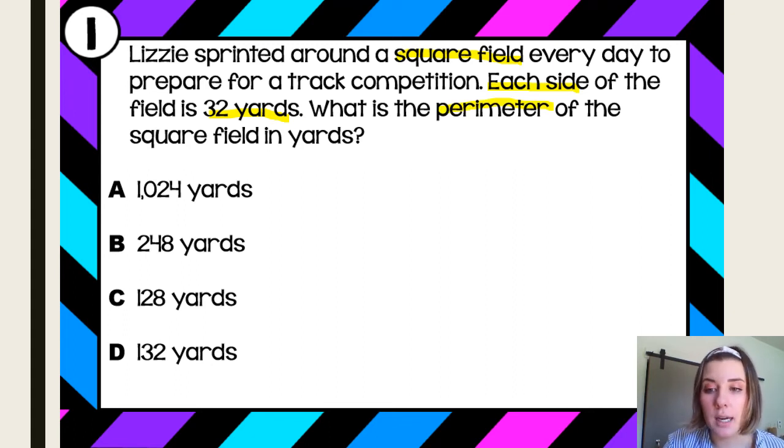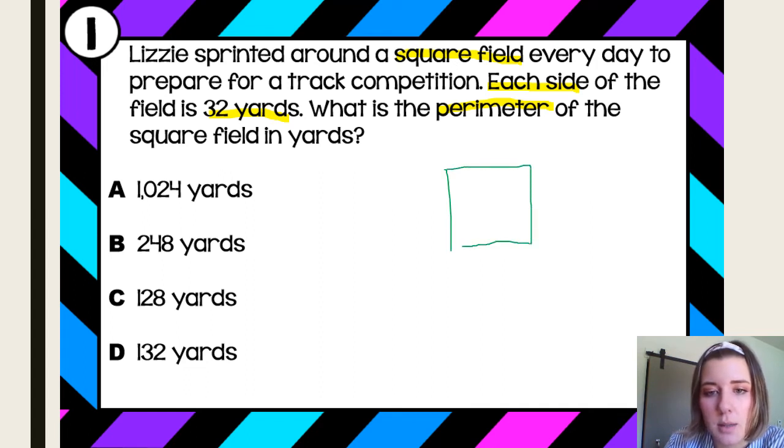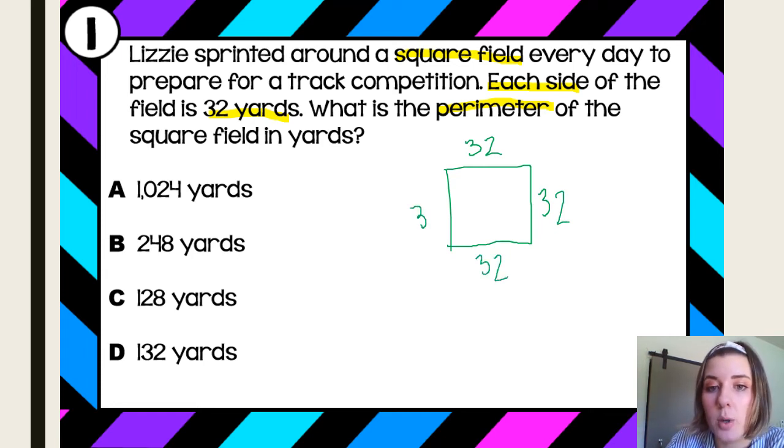If you have an area and perimeter problem, you better be drawing pictures. So I'm going to draw my square field to the best of my ability. And I'm going to label the sides. If I know it's a square, all the sides are 32. What is the perimeter of the square field in yards?